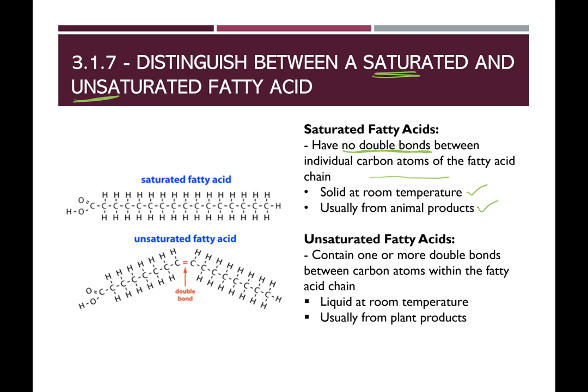Those are saturated fatty acids, no double bonds. Unsaturated means it has 1 or more double bonds, okay? So that's here, okay? They're liquid at room temperature instead of solid, and they're usually from plant products, so olive oil, vegetable oil. Obviously, our saturated fats are a little bit more unhealthy. Our unsaturated fats are healthier.